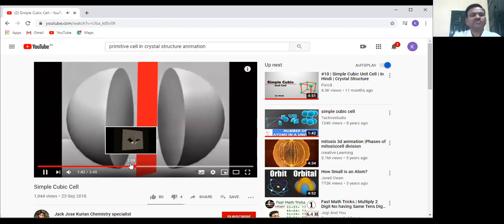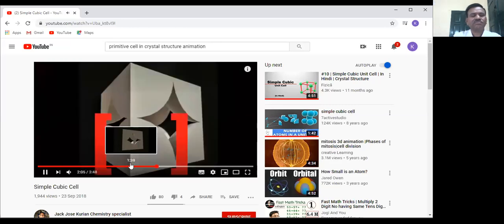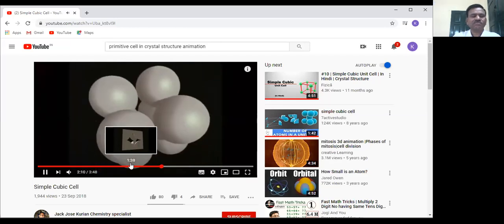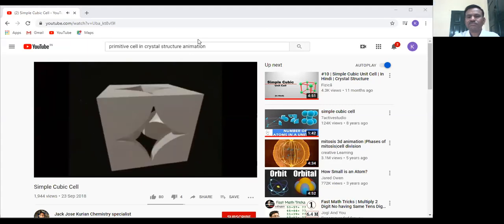When you cut a sphere into half, it looks like this, which is half of the sphere. When you further cut this part into 2 equal parts, it looks like this, which is 1/4 of the sphere. When you further cut this part into 2 equal parts, it looks like this, which is 1/8 of the sphere. The 8 atoms at the corners are cut into 1/8 parts of the atom.